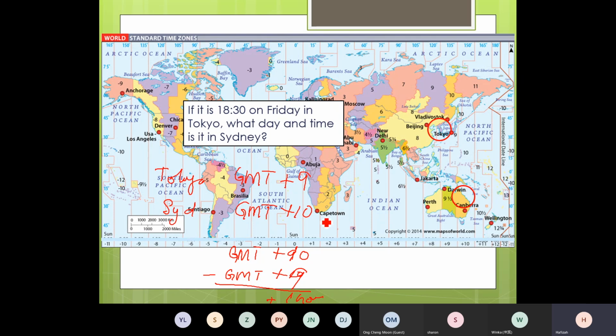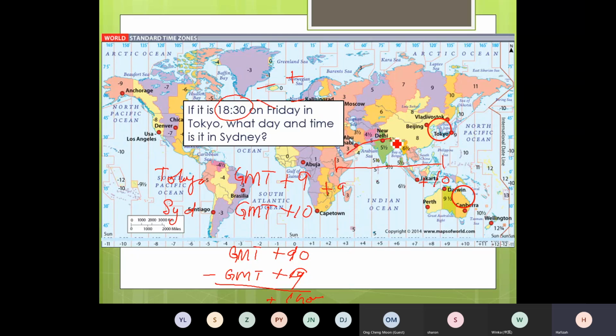So now if you see this, they have a difference of 1 hour. If you see how to know whether you should plus or minus the 18:13, look at the difference. Now Sydney is plus 10, correct? And Tokyo is plus 9.